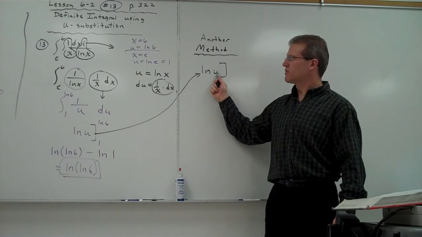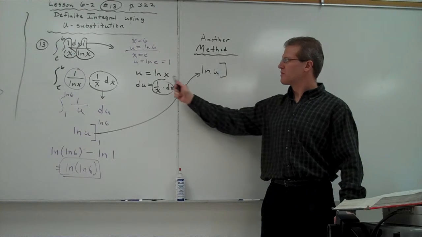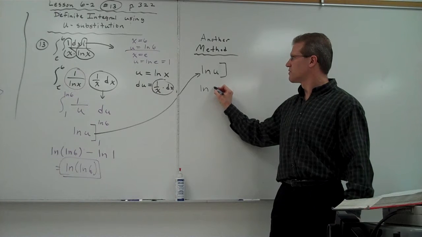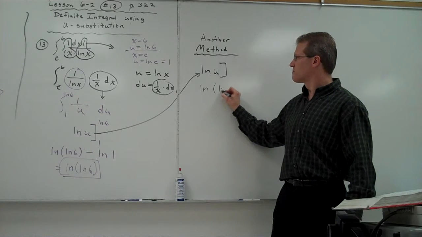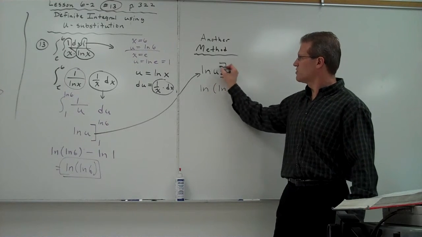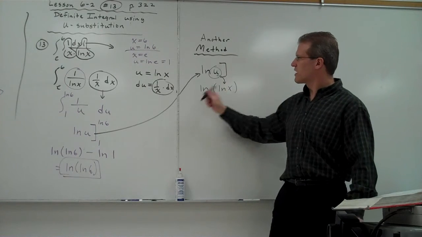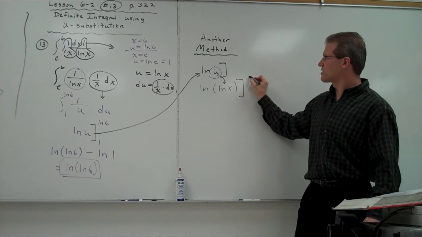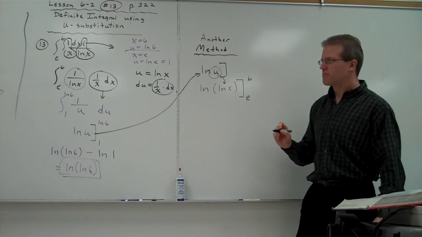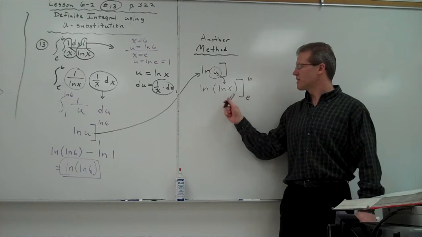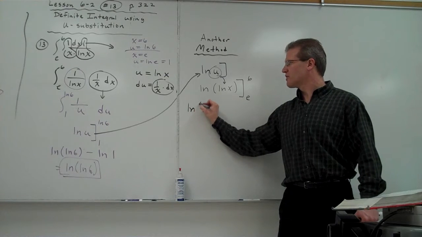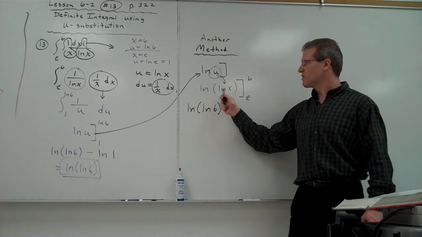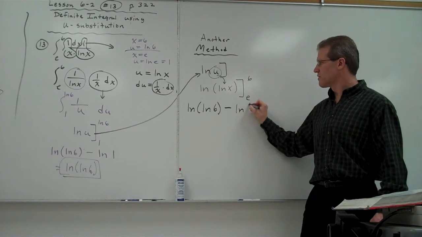But what would I plug back in for u? Natural log of x. So I'm changing this u into natural log of x. Then going back to my original bounds, which are 6 and e. Now I could plug in 6, and I'd have natural log of the natural log of 6 minus natural log of the natural log of e.